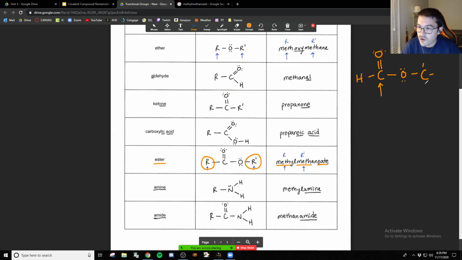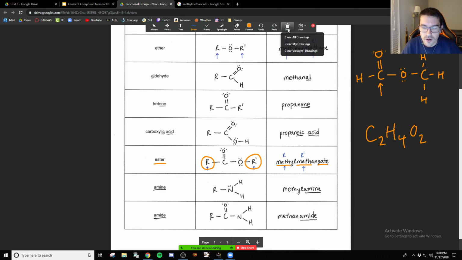This one is going to need some hydrogens. You can see how this can be tricky, even for me. So here is the total structure, meaning my formula is C2H4O2.